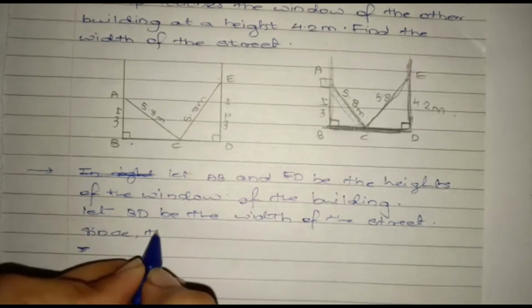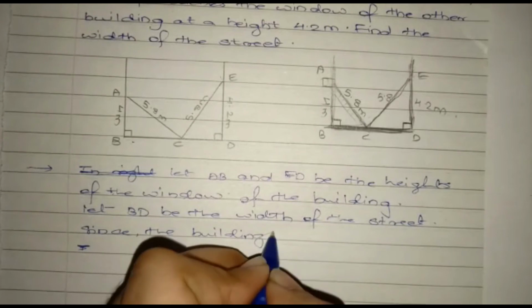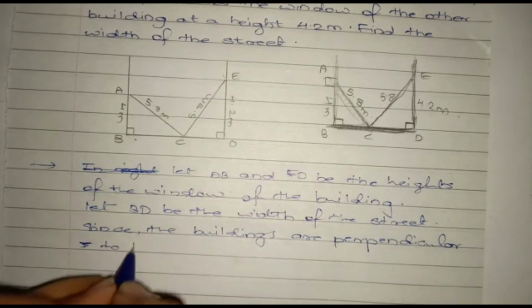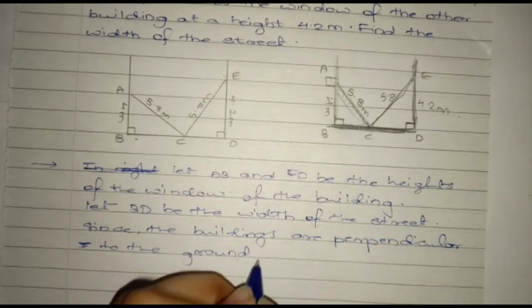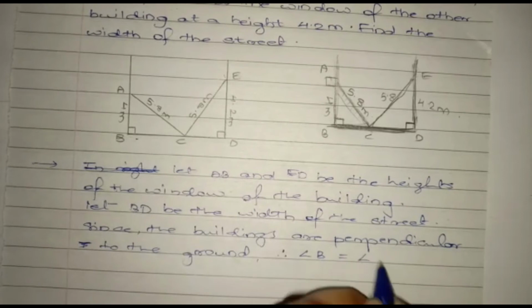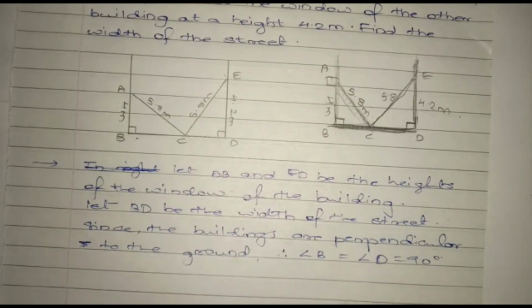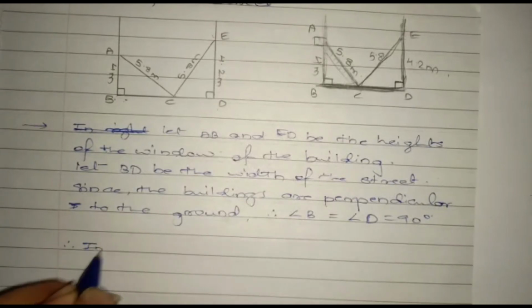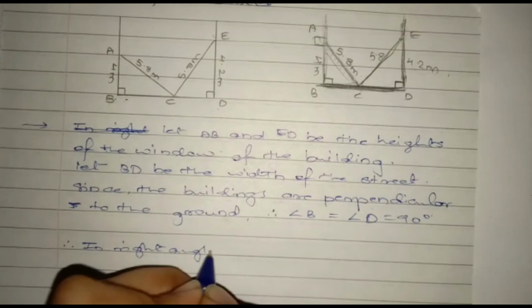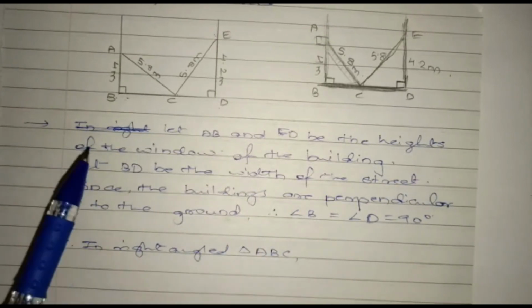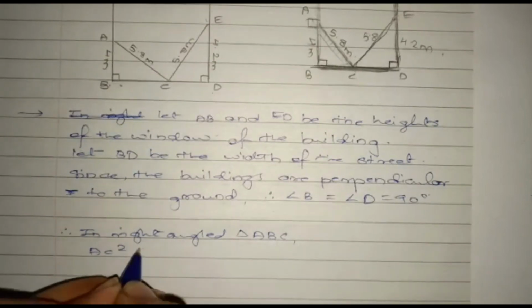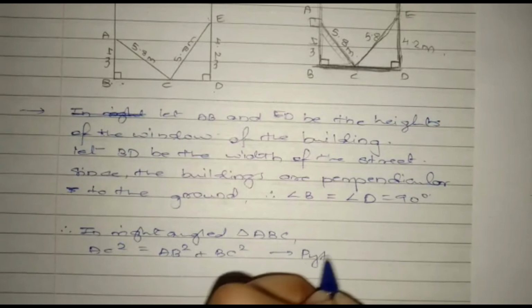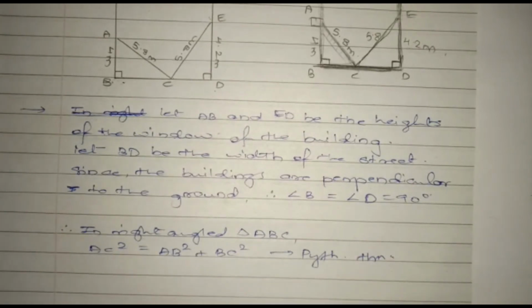Since the buildings are perpendicular to the ground, therefore angle B is equal to angle D is equal to 90 degrees. Now in right angled triangle ABC we can use Pythagoras theorem: AC square is equal to AB square plus BC square.